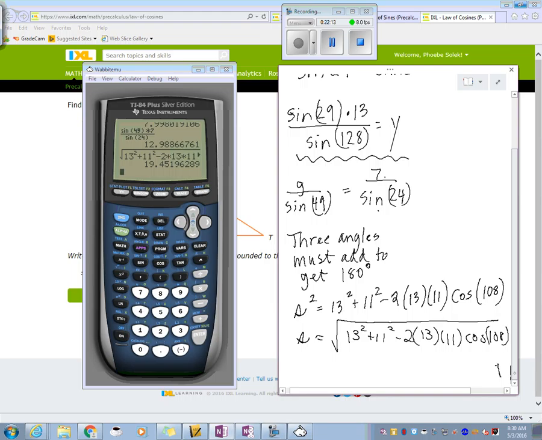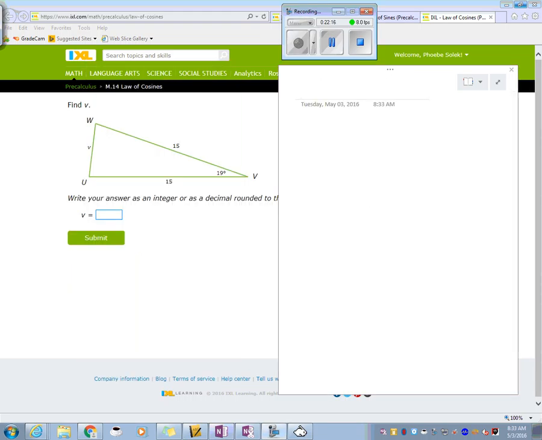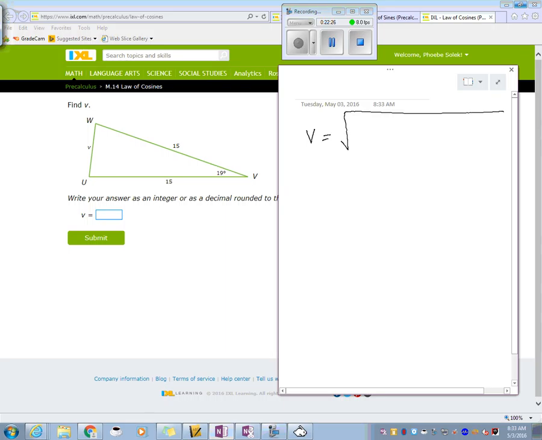Okay, we're looking for V. So I'm going to say V equals the square root of 15 squared plus 15 squared minus 2 times 15 times 15 times the cosine of 19 degrees.